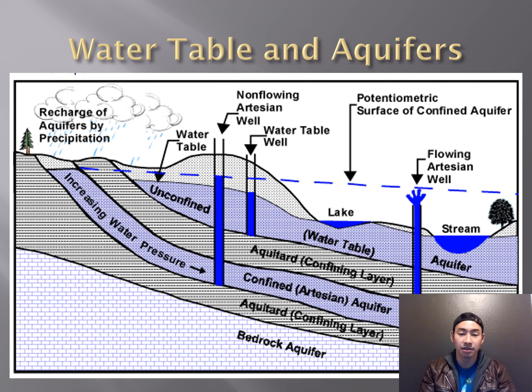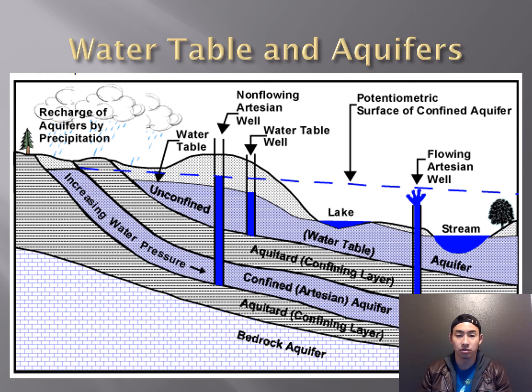In a confined aquifer, that water table will be at the highest water level point of the confined aquifer. That's due to an increasing amount of water pressure as we go further down in the confined aquifer.